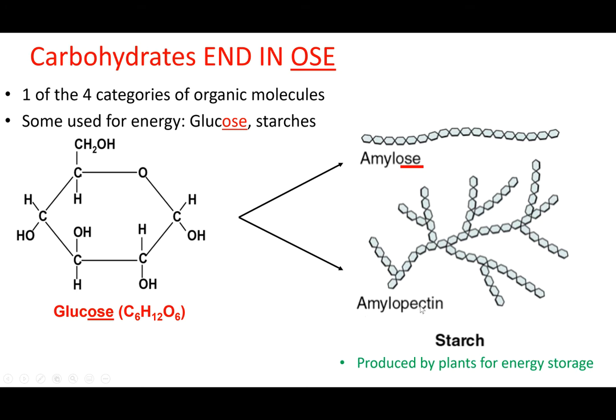There's also amylopectin, which is like amylose except that it's got branches. When you start having big complex molecules like that, that's when we start calling carbohydrates a starch. Simple monomers, or disaccharides, we call sugars if it's just one or two rings. When you start getting big, long chains of these rings, that's when we start talking about starch.